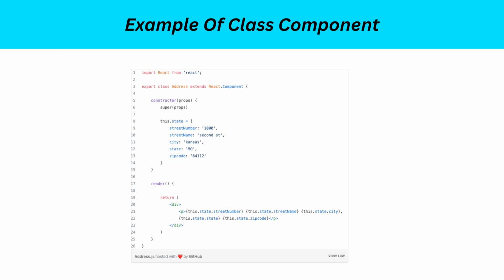For example, if you receive the new address from the top component, you can use component will receive props lifecycle method to set the state again. If you receive the address and you set the new address, the render function will paint the new address on the browser. So that is how the class component works. It uses React state, it uses constructor, and it uses React component, and also it uses lifecycle methods.